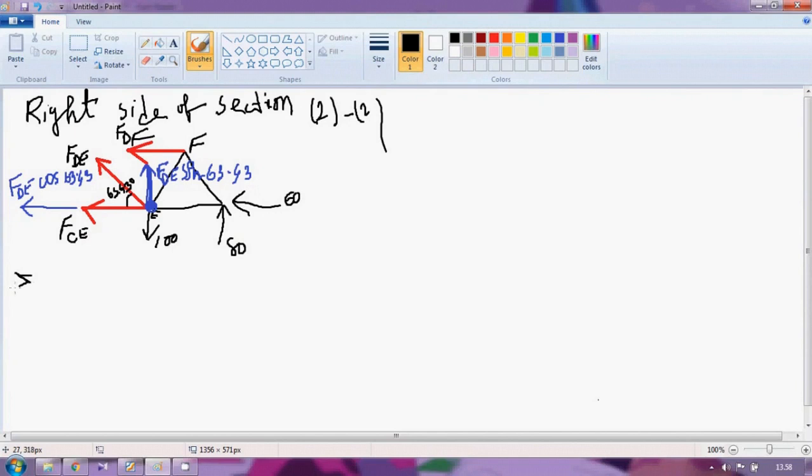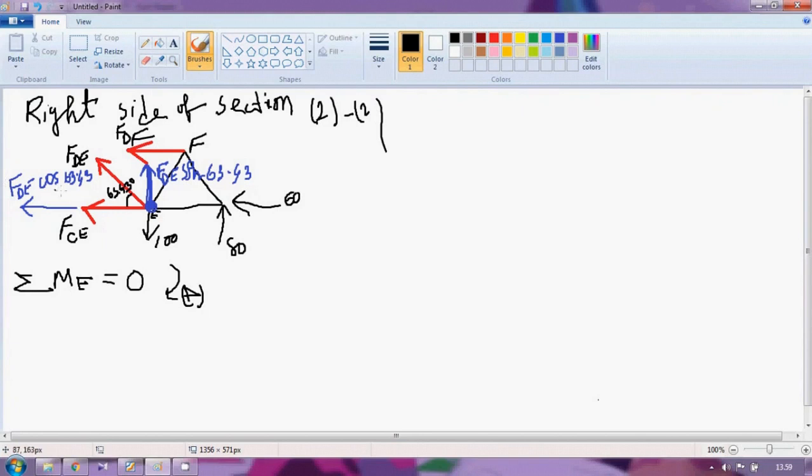If I take moment at E point, for example, summation ME equal to 0, what will happen? Just have a look. Why am I taking moment at E? Why not F? Because if I take a moment at E point, then this force FCE will be 0, because it will not give any moment since it is passing through the E point.